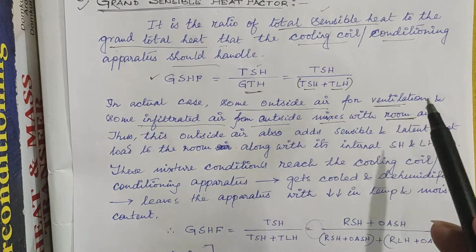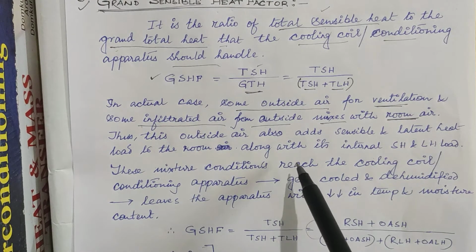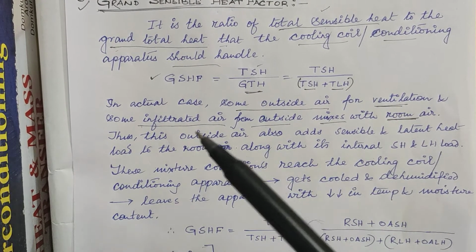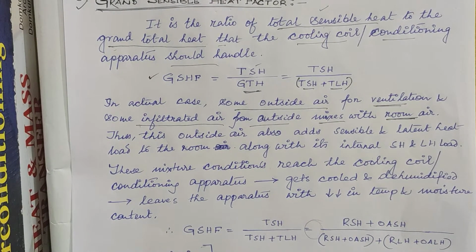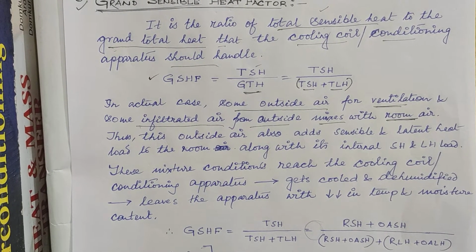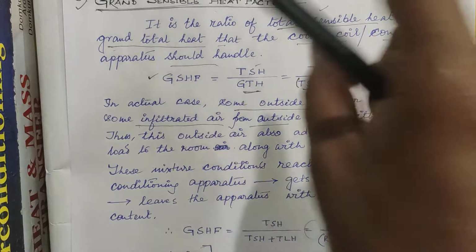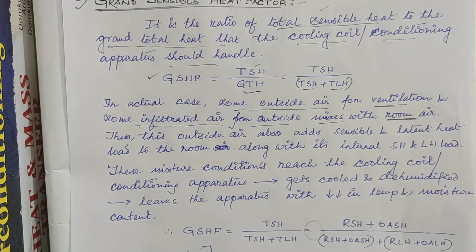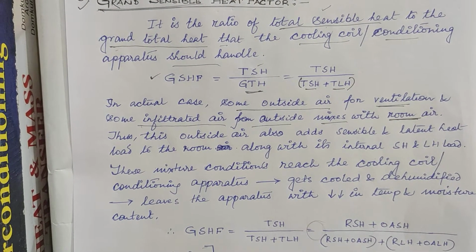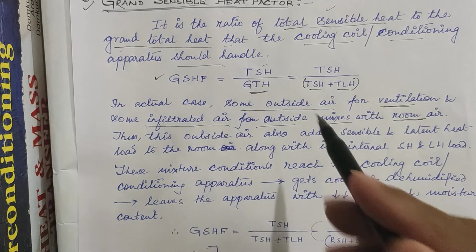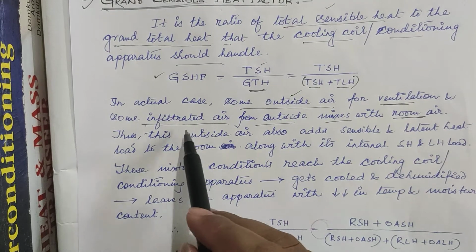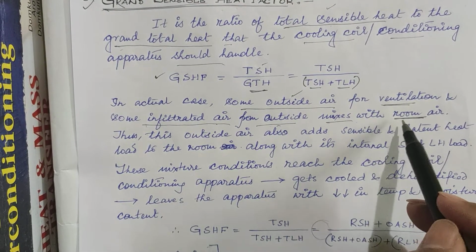If we go for continuous air conditioning, then after the first air conditioning of the room, the air from the room is returned through the return outlet and is again recirculated. So some fresh air from outside as well as some infiltrated air from outside mixes with the room air.